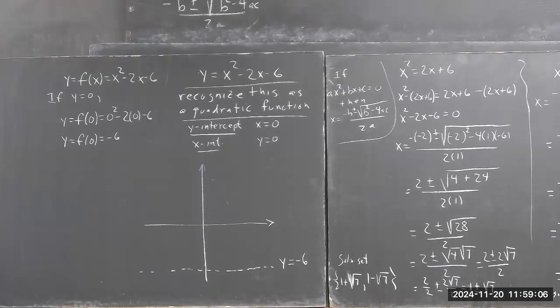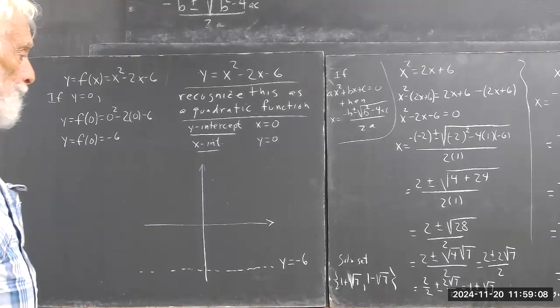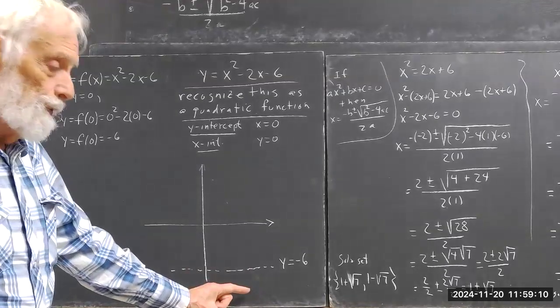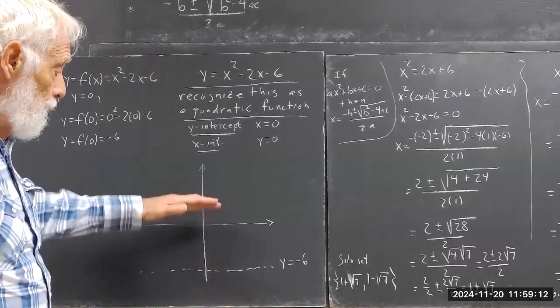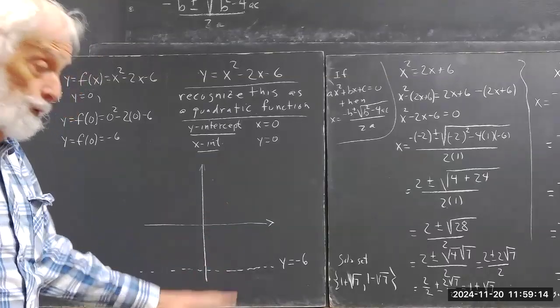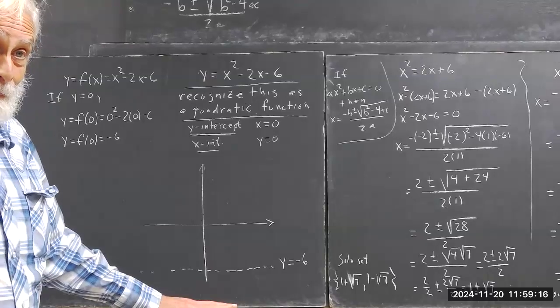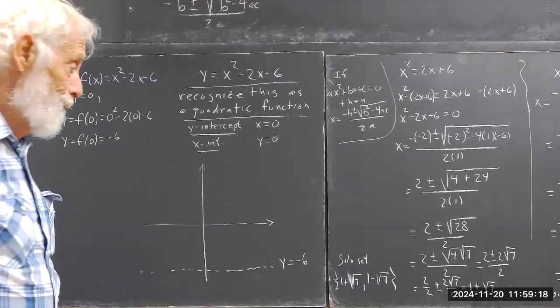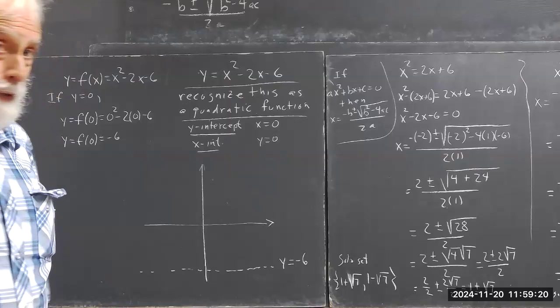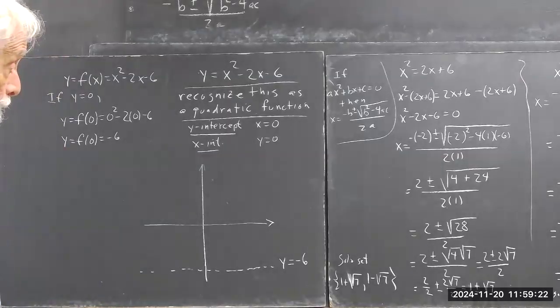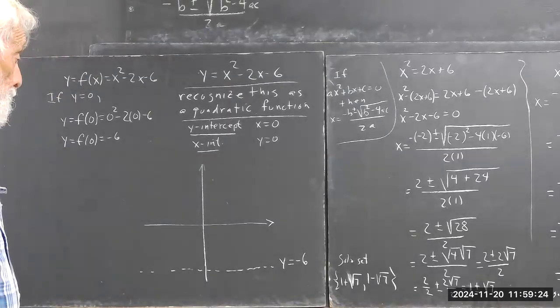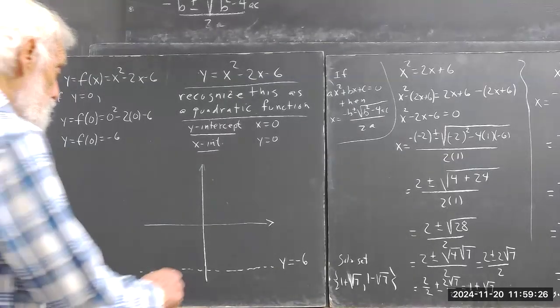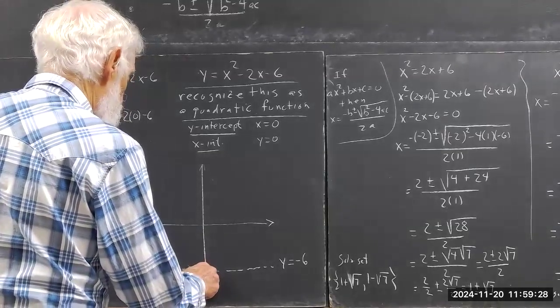Let's just say y equals -6 is here. That might not have been the best choice, but why that low? Because I don't have much room below it, so I'm taking a risk. I think I'm going to get away with it, but I can't be sure. So here's your y-intercept. That's going to be a point on the graph.